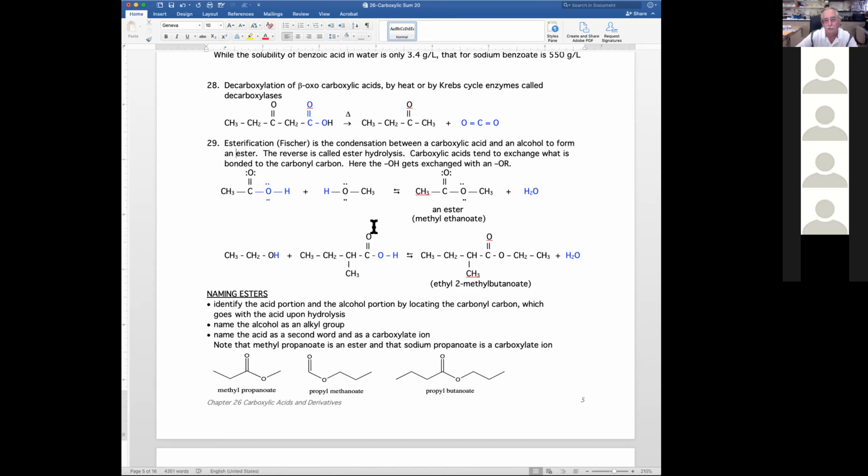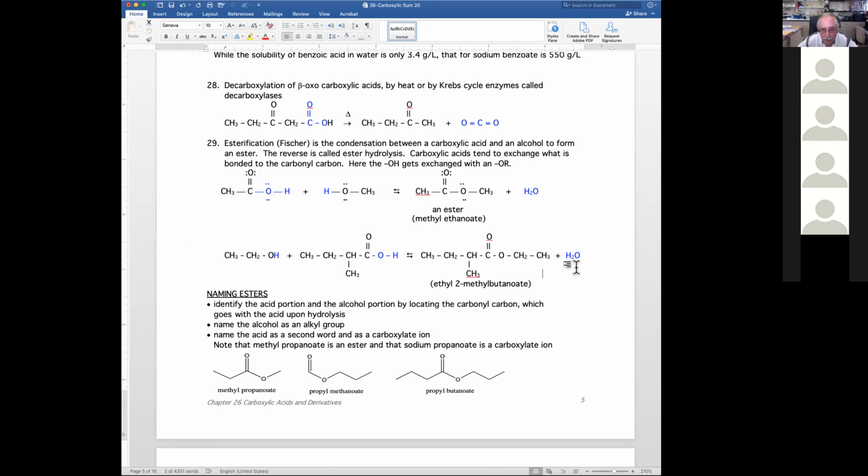And because these are so readily reversible, I put them in the same reaction. Here's esterification, and here's, oh no, I didn't do that. Oh, I just added them in a different order, that's all. So again, carboxylic acids like to change whatever is on there. And can it make water?